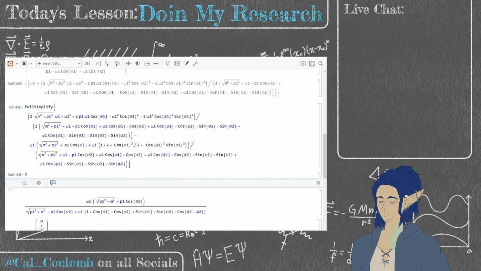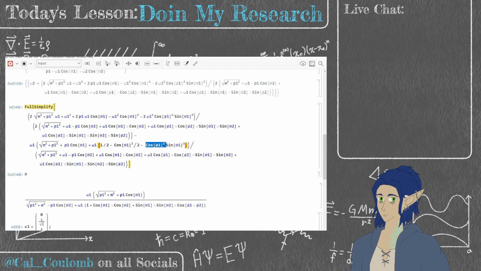Okay. Now, oh, I see what's happening. So if we have phi 1 equal to 0, then this, oh no, this expression won't go to 0 because there's no factor of 1/2. So I'm missing that somewhere.